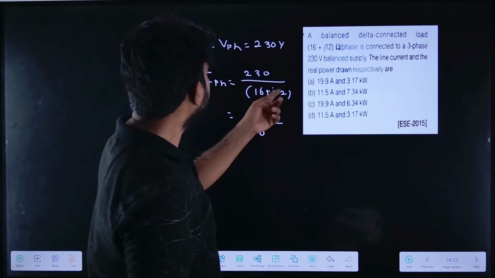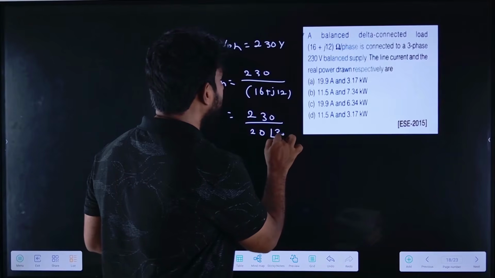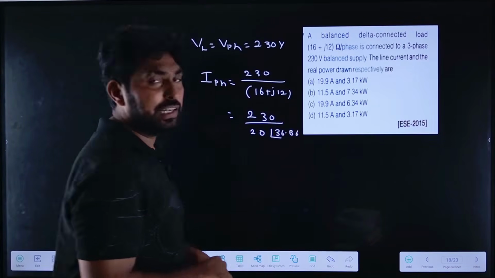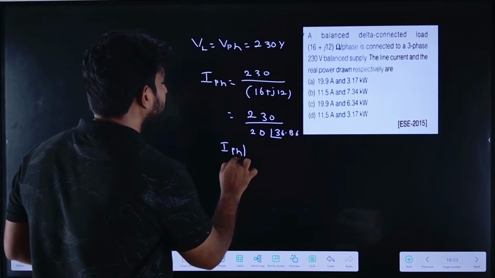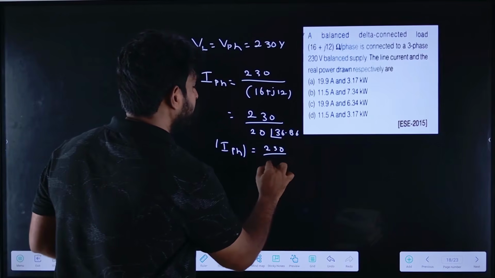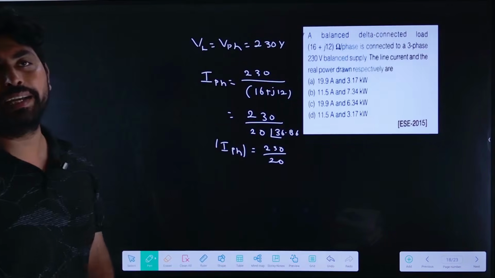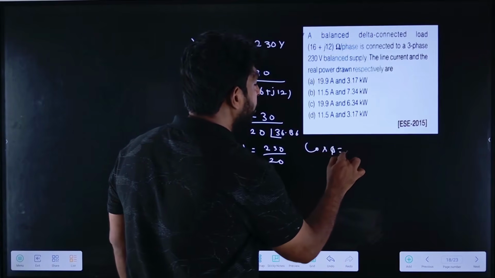At an angle of, 16 by 20 is 0.8, which is nothing but 36.86. So the phase current magnitude will be 230 by 20, and the angle will be minus 36.86. And if you find the cos phi from that, it will be 0.8.